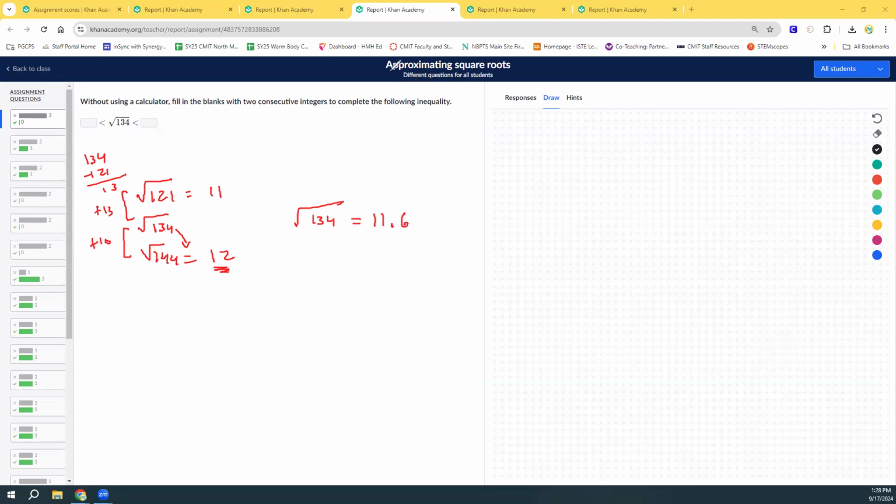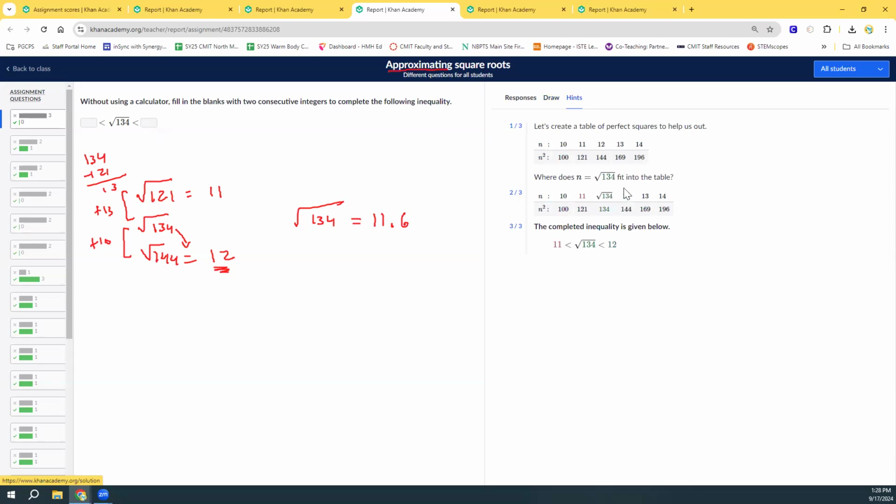But remember, we're just approximating the square root. Oh, don't even have to go that far for this problem. We just have to write 11 and 12. Okay. That one wasn't too bad.